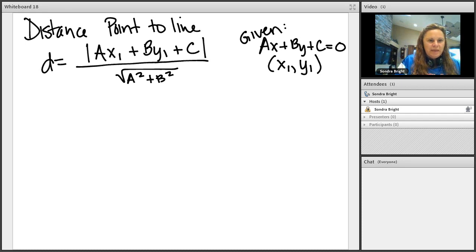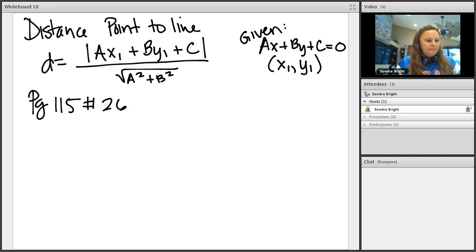So let's do page 115, number 26. I guess I should look to see what it was.